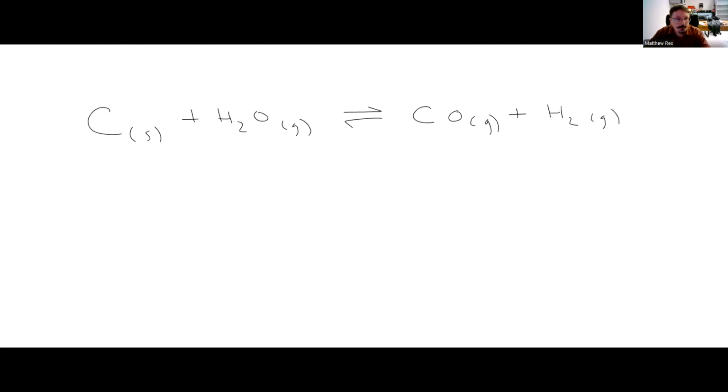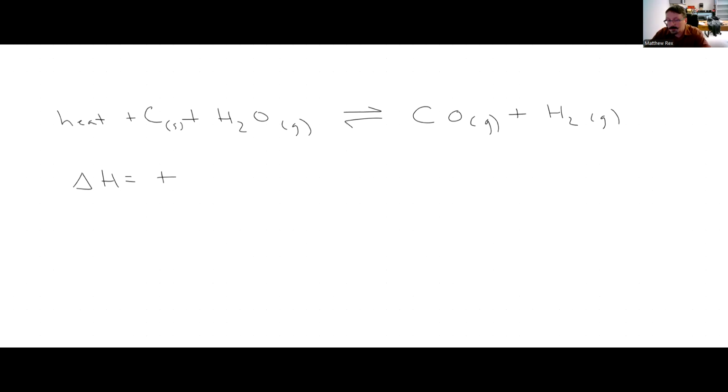We're told it's endothermic. So that means heat is going to be a reactant.